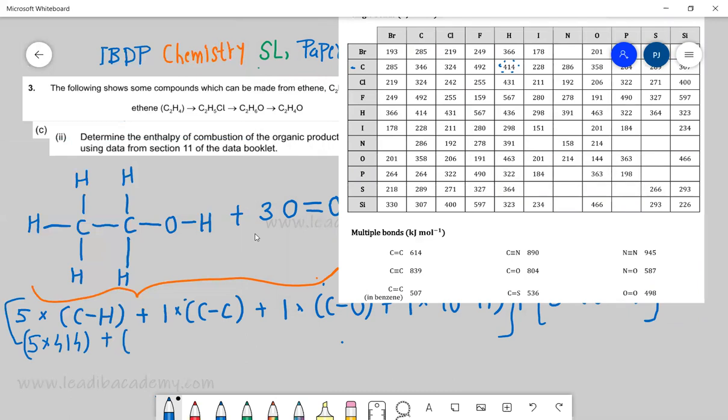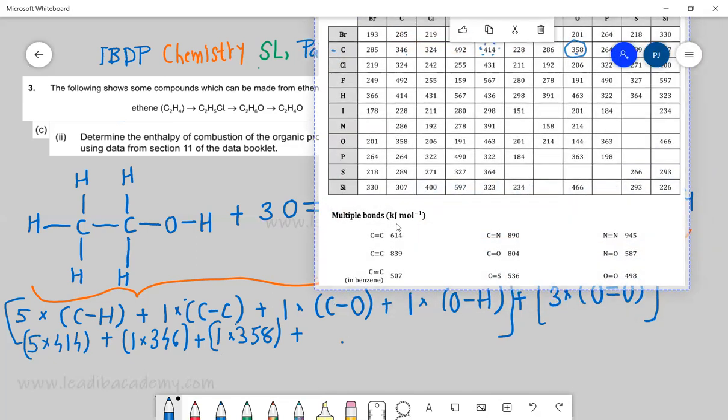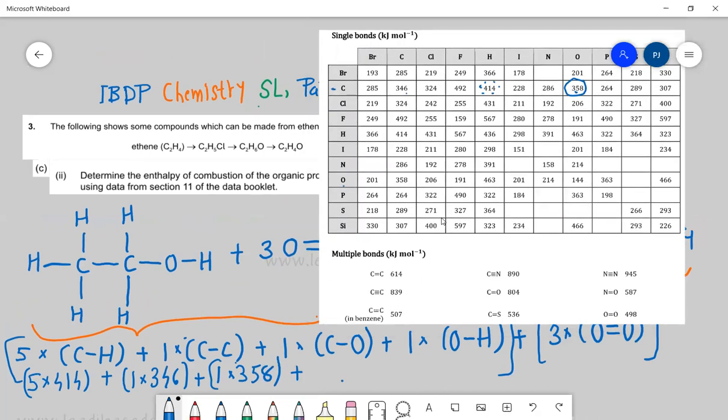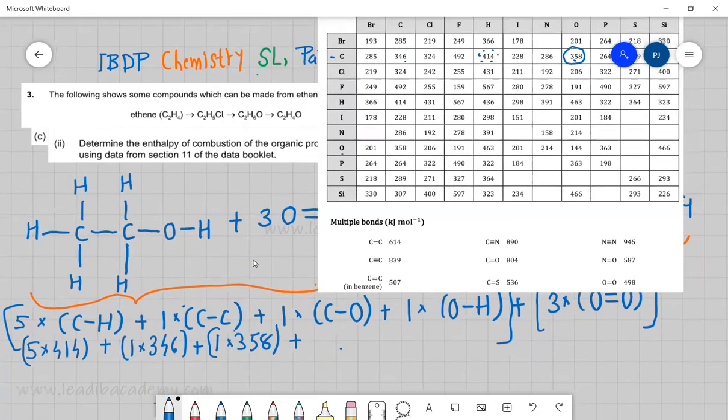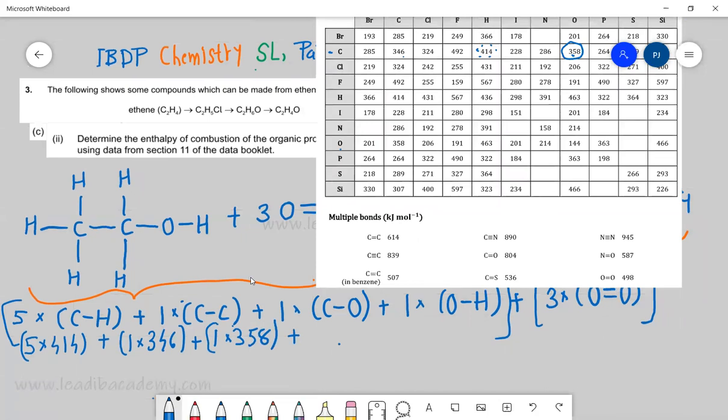Then 1 number of C and C, carbon and carbon, that is 346, plus 1 number of carbon and oxygen, that is 358, and plus 1 number of O-H, oxygen and hydrogen, that is 463.